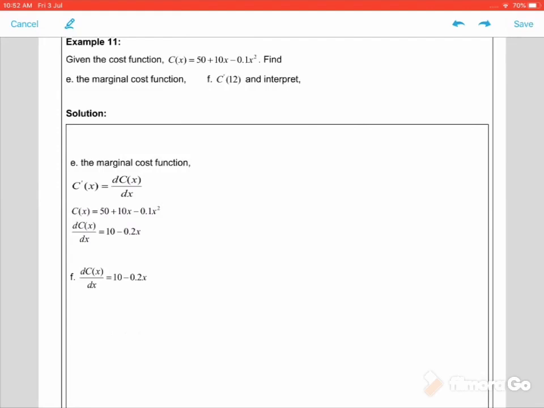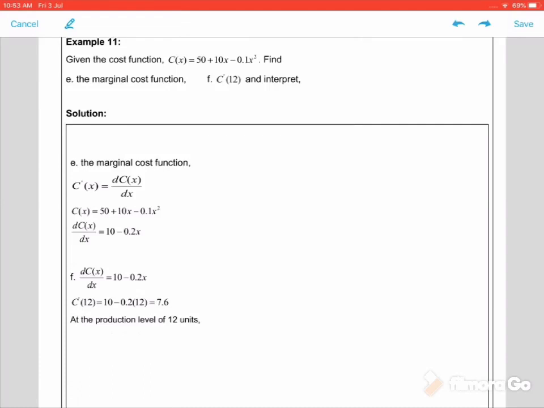We just substitute 12 into the x. So you'll get 10 - 0.2 multiplied by 12. After we simplify, you will get the answer equal to 7.6. Now the question asks us to interpret.